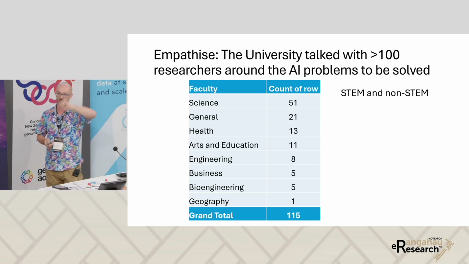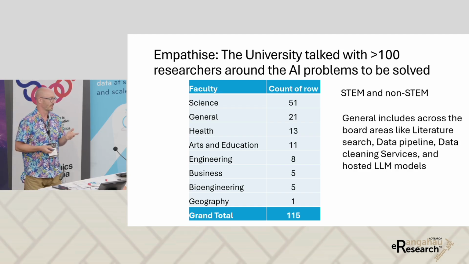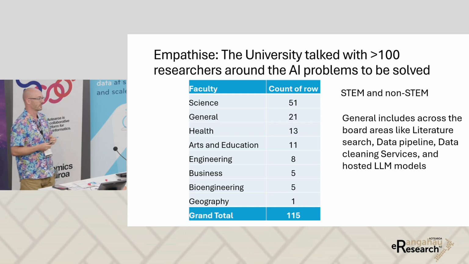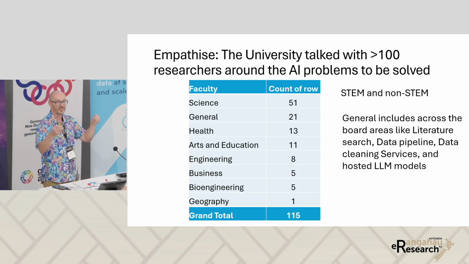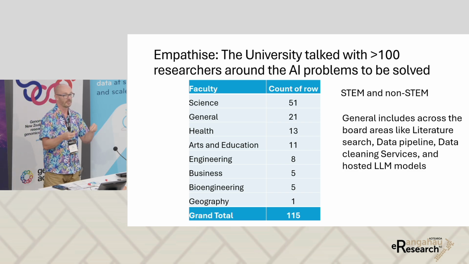Up there is general, thinking of things that are generic across faculties, not specific to a particular faculty, like I want to do a literature search. The University of Auckland Library runs AI literature search training.